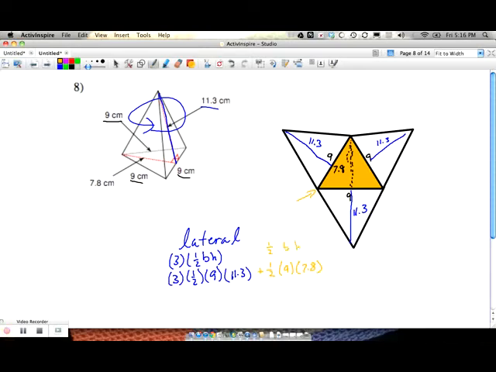That was 1/2 the base times the height for that bottom base area there. So this is the base area. Alright, so there's my total surface area. Surface area solved. Next.